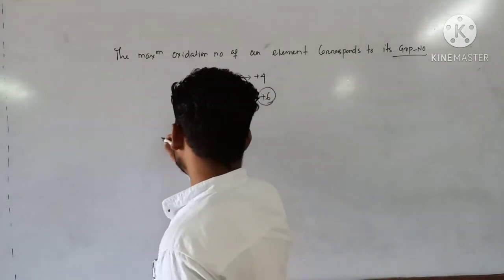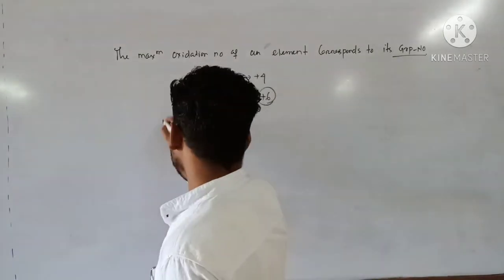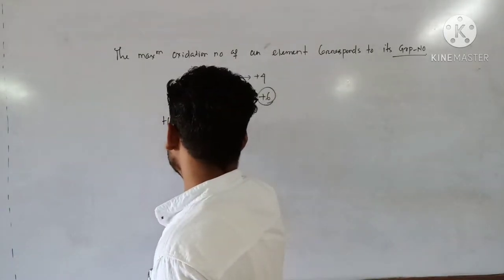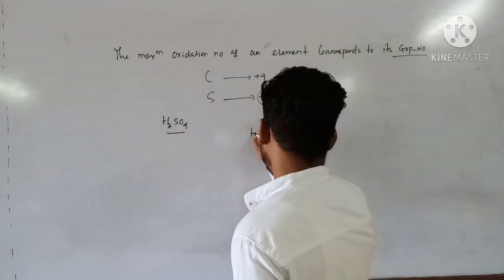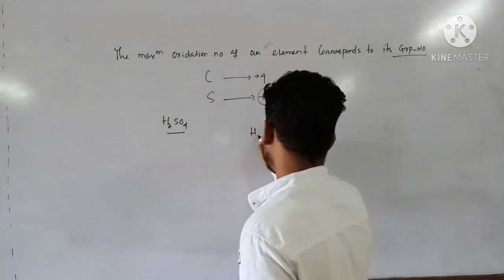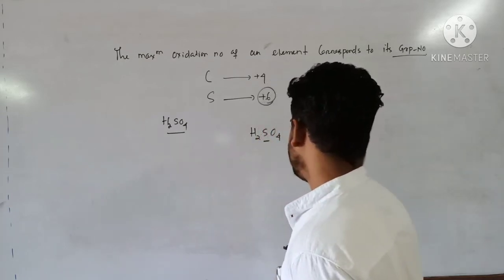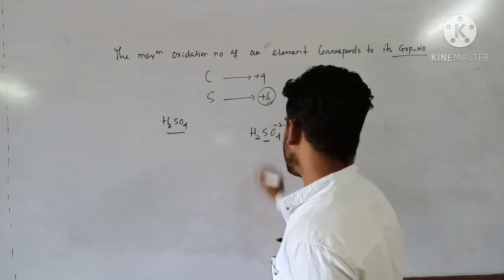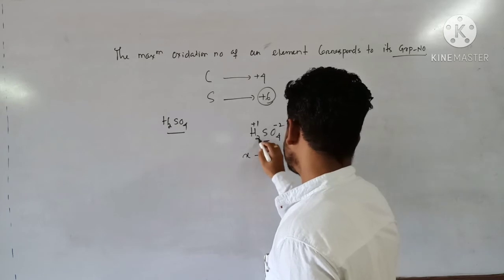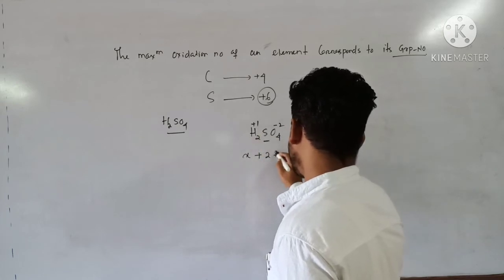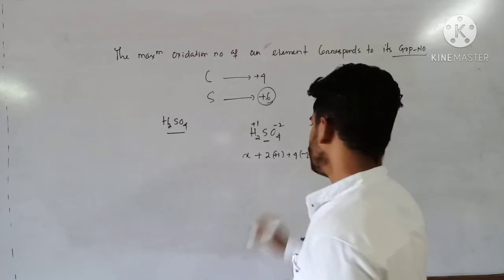Suppose I am asking, calculate the oxidation number of sulfur in H2SO4. What is its structure? If you need to calculate simply the oxidation number of sulfur, let's say oxygen has -2 and hydrogen has +1. Let sulfur be X, so X plus 2 into +1 plus 4 into -2, for each oxygen, that will be 0.